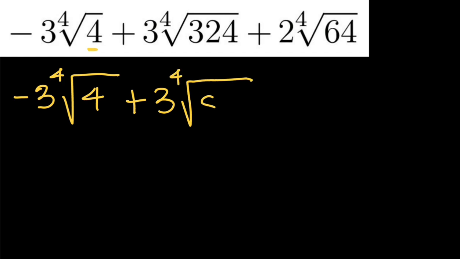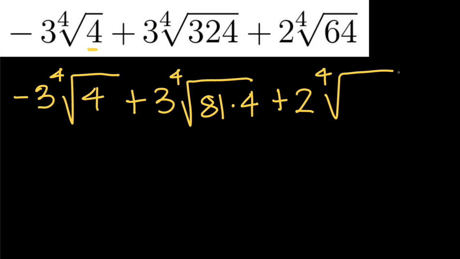324 can be factored as 81 times 4, since 81 is just 3 to the 4th. Plus 2 fourth root of 64. 64 can be factored as 16 times 4, since 16 can be written as 2 to the 4th.